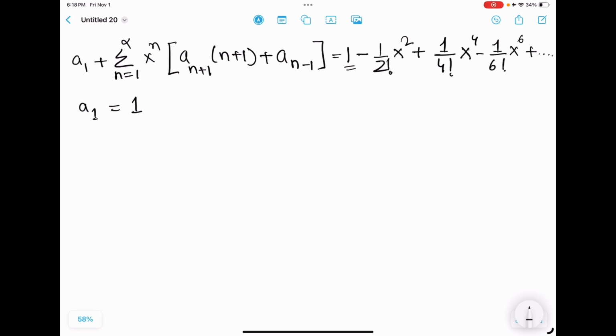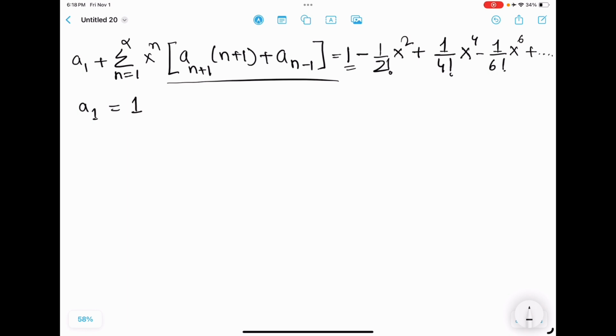In this equation, a sub 1 is the only constant term as it stands alone without x attached to it, right? All other terms involve x, and that's why they represent coefficients for different powers of x, okay? So to find the coefficients for different powers of x, we will use this power series, okay? And we'll try to match each term with the corresponding coefficients on the right side of the equation, okay?